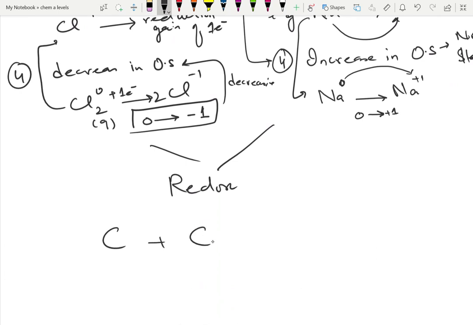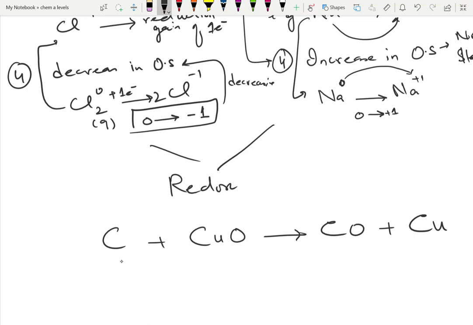For example, carbon reacts with copper oxide, forming carbon monoxide, and copper is separated. It is basically reduction of copper oxide to copper, an example from extraction of metals.